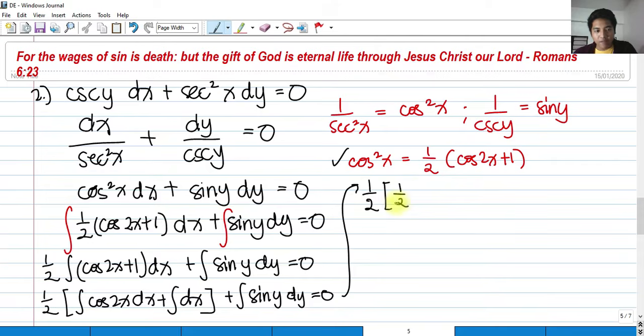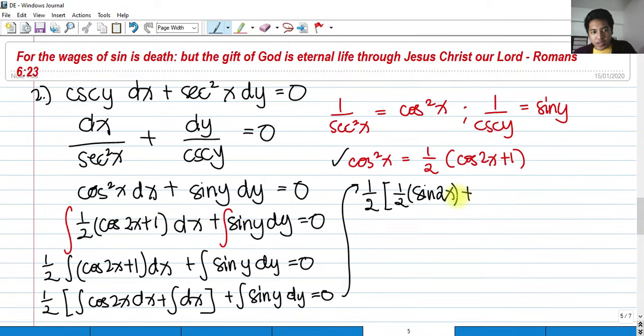So we have 1/2 outside of the integral. So we can now integrate this because we have already offset the 1/2, the reciprocal of whatever constant is here. So the integral of cosine 2x would be what? Sine 2x. So we have a correction factor of 1/2 again because of this 2.